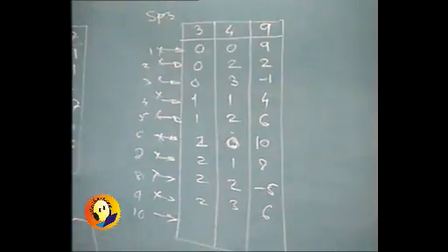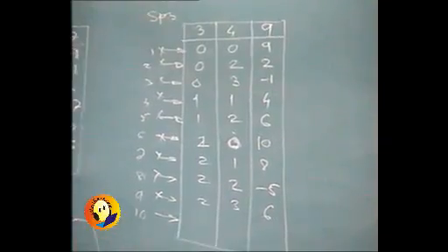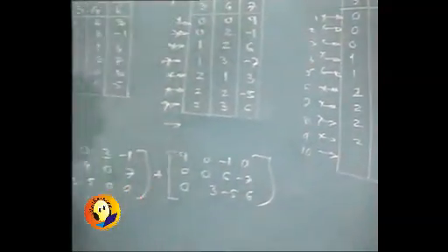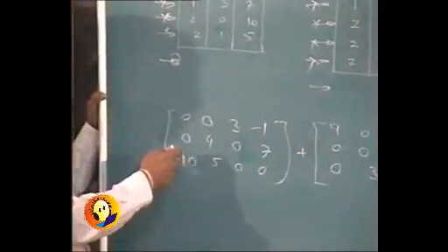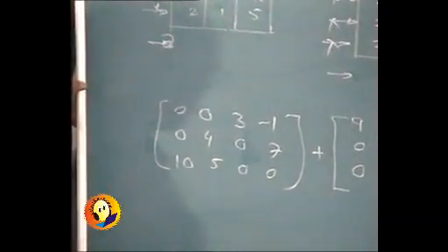These were the two original matrices. This should have been the input actually, because this will get converted to this form.